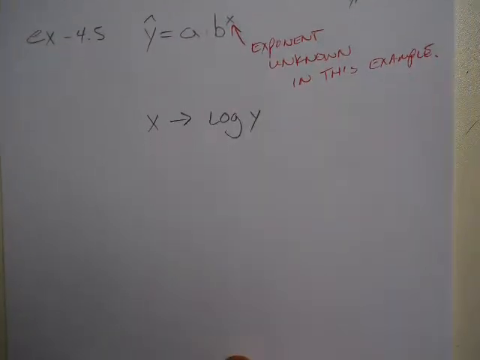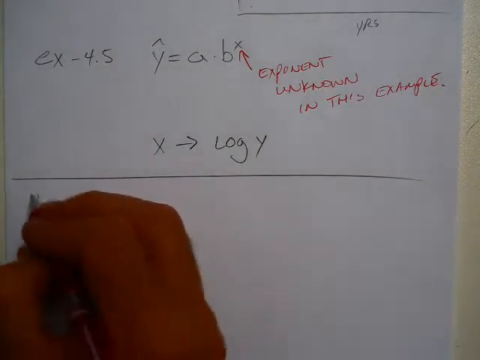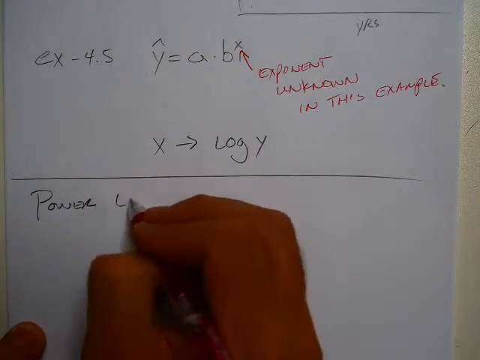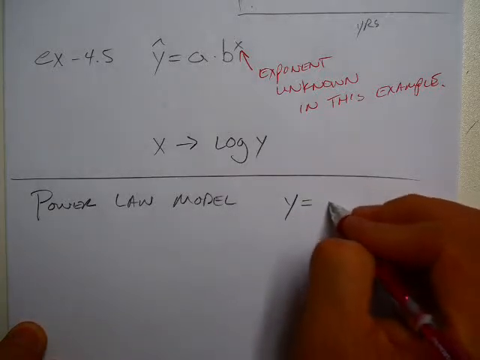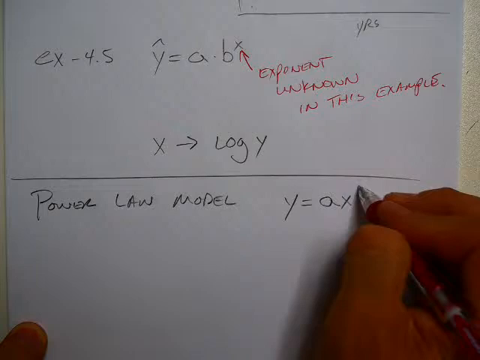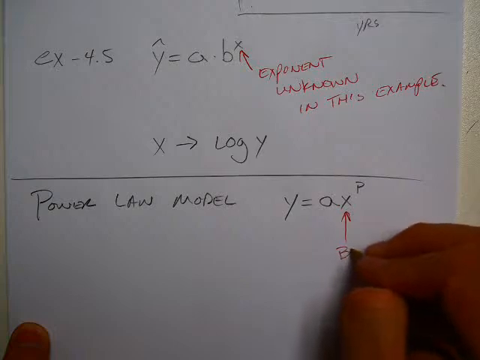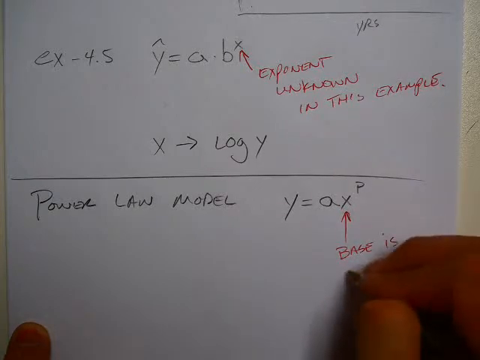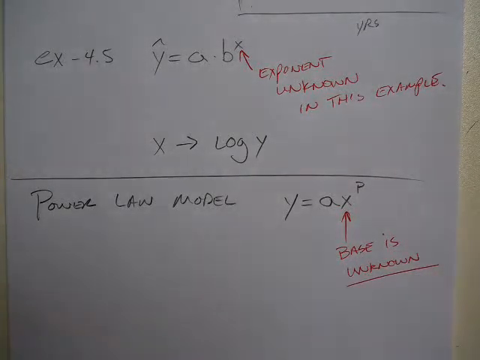There's another situation called a power law model, where y equals a x to the p, where in this case the base is unknown. In this situation, we take the log of both the x and the y values.